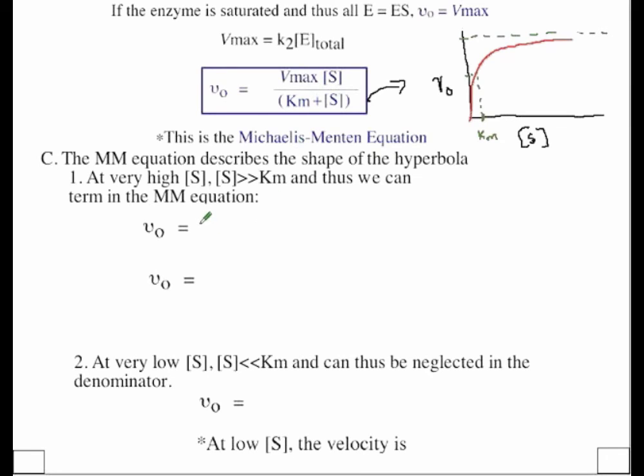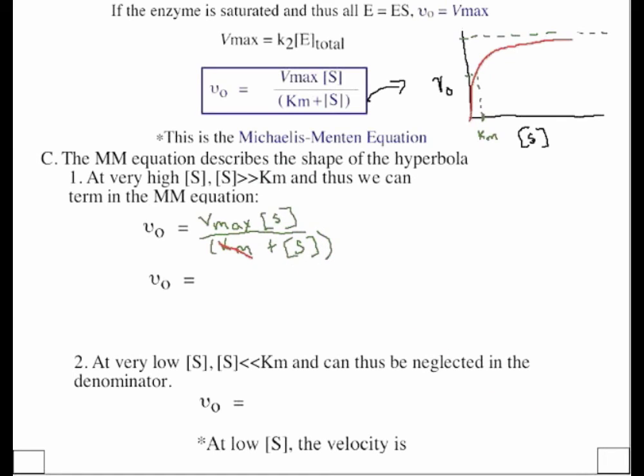So we have an equation that is Vmax times substrate concentration divided by Km plus substrate concentration. Km is negligible as compared to the substrate concentration, so Km is much, much less than substrate concentration.